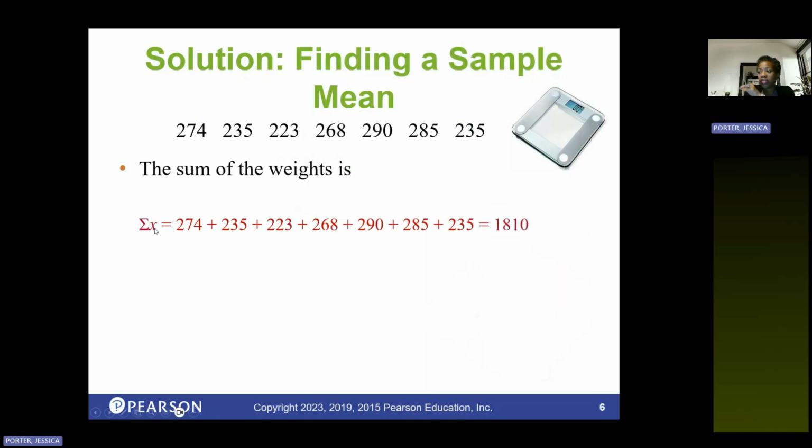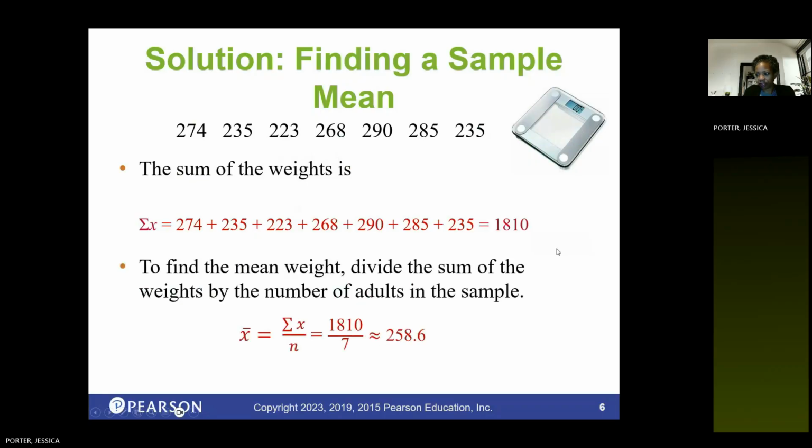So the summation of the X's, or the summation of the data points, is going to be 1810. And that sigma means summation. And then to find the mean, we will divide that 1810 by 7. And we get 258.6.